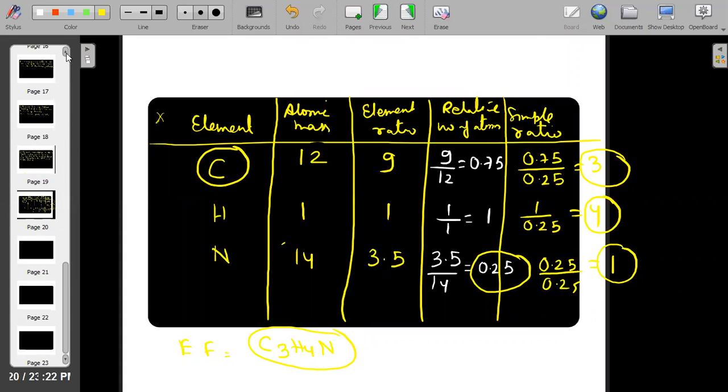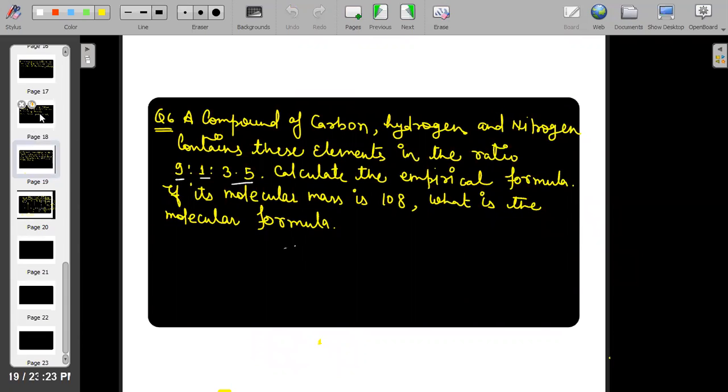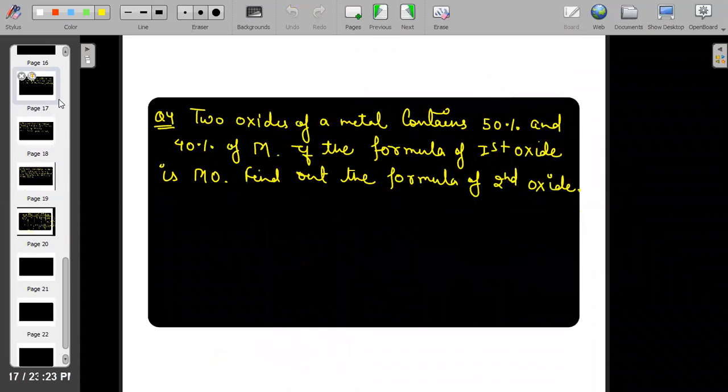Now who is going to solve it? This is a slightly tough question. This is a previous year question. This is extremely VVI. Now solve it.